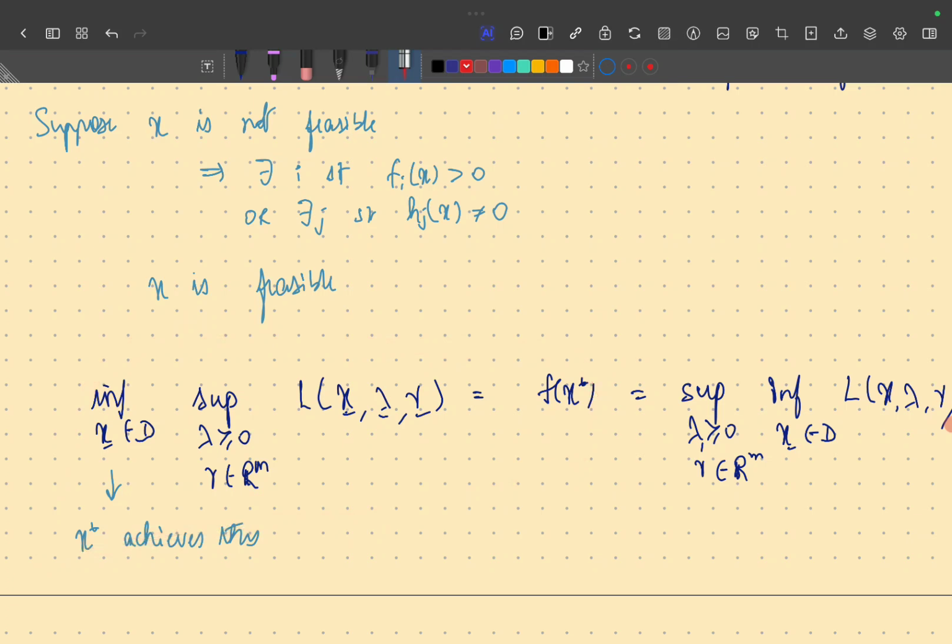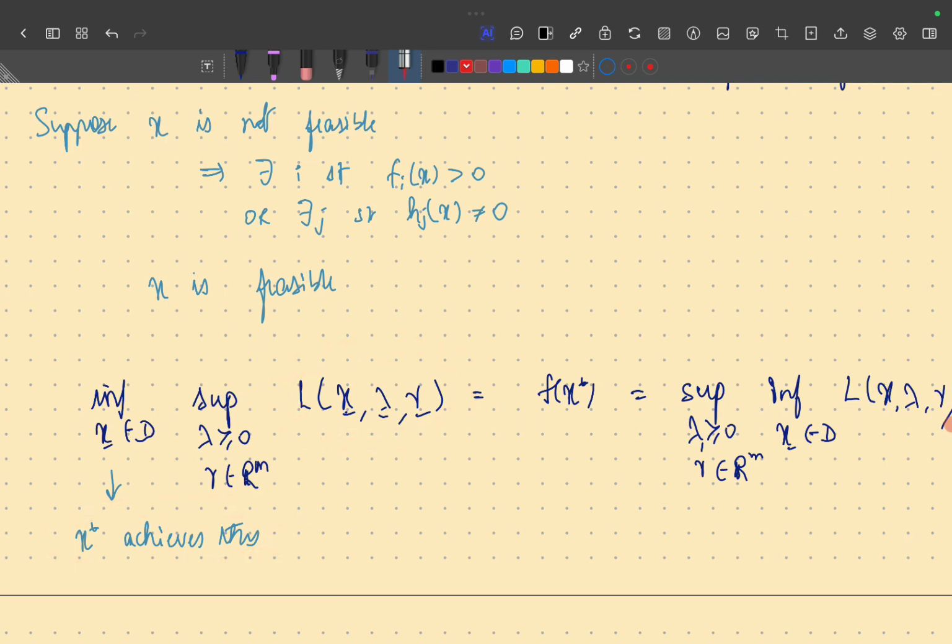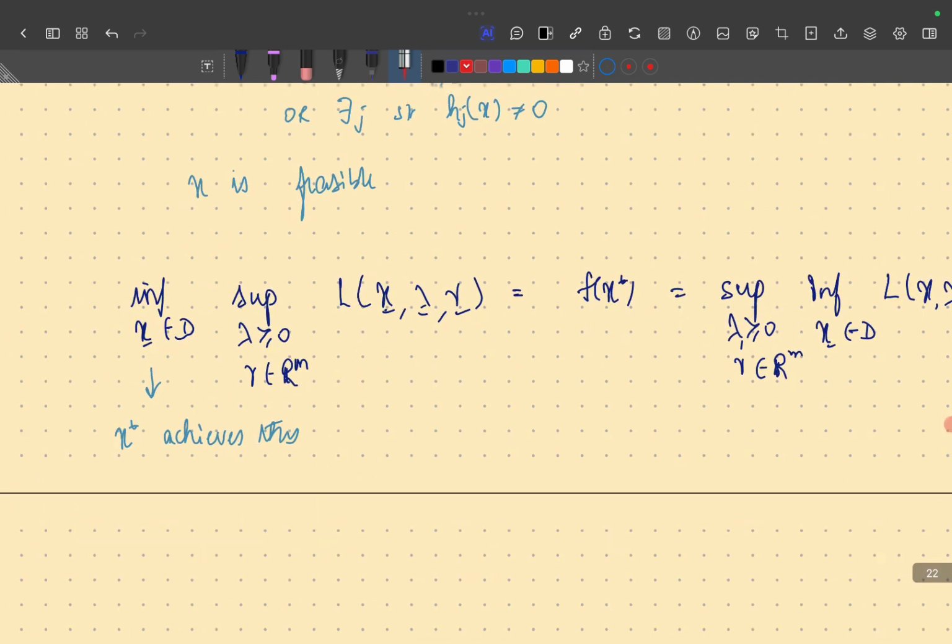Does the left part help us computationally? The left part is exactly what helps us computationally. The reason is that this is a saddle point and this is obtained as an infimum, right? So if x star achieves this, then x star should be a stationary point of this particular function.